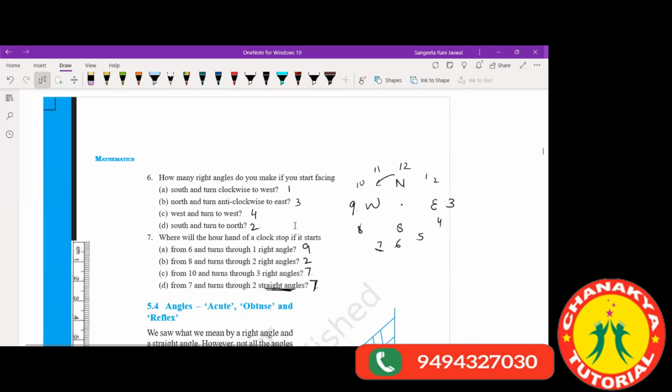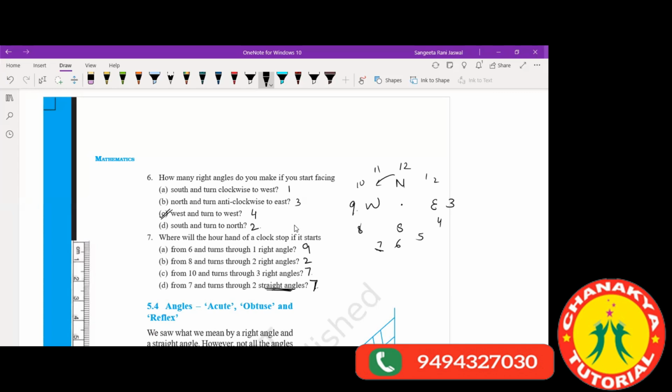How many right angles do you make if you start facing west and turn to west? Ma'am, 4. Okay, that means you're completing the circle.